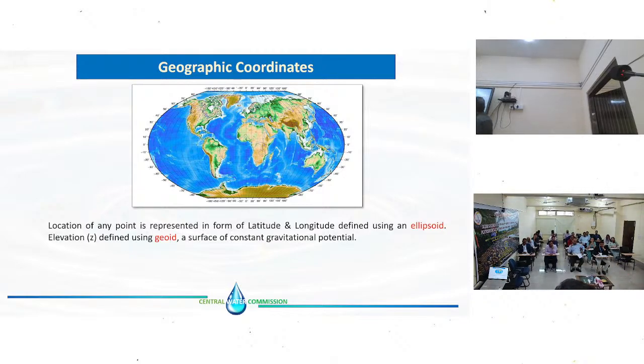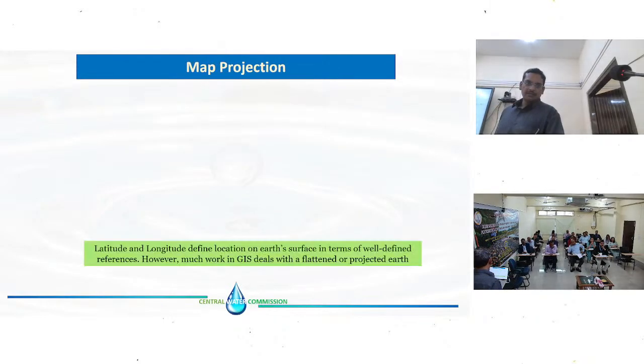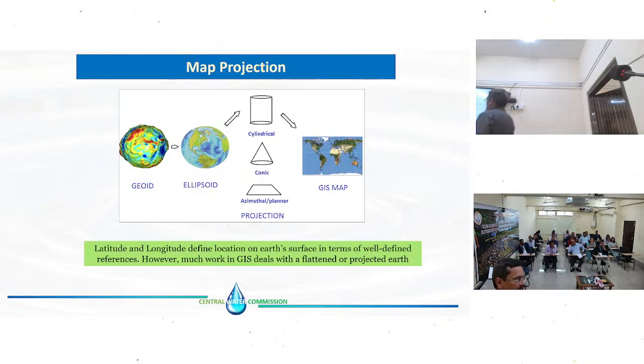The actual shape of the earth is something like this, very irregular. We have approximated it to be a regular mathematical ellipsoid so that you can derive latitude and longitude information, or do any geographic analysis.